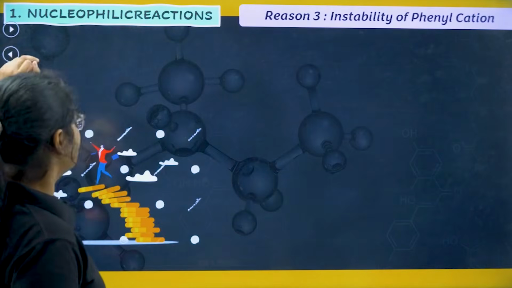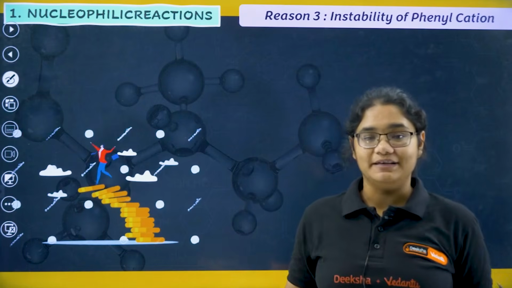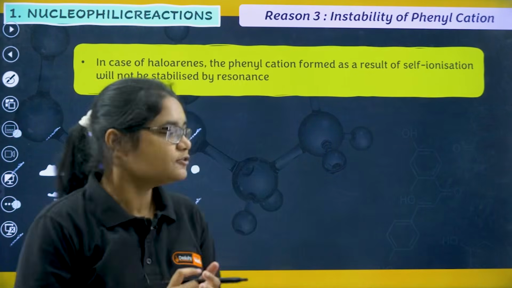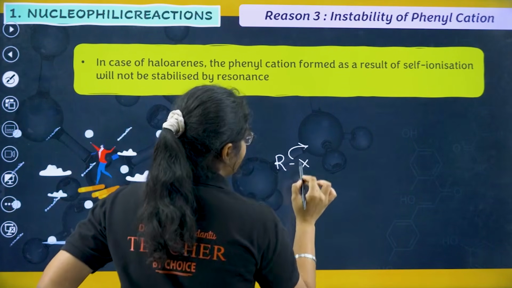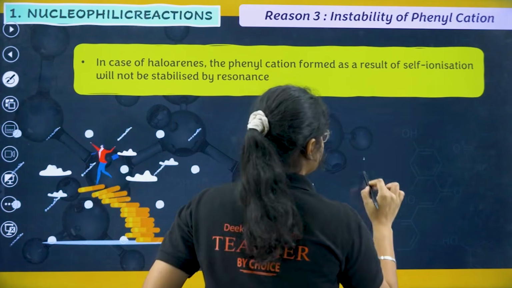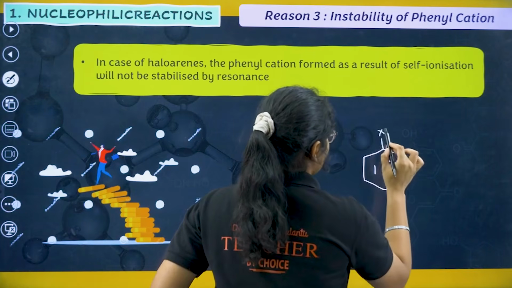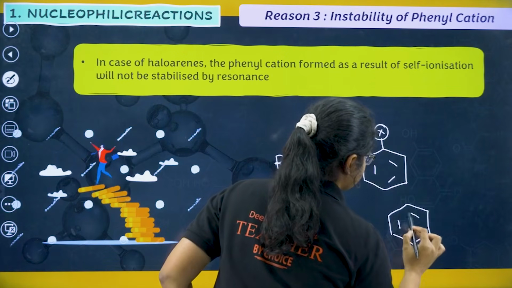Now moving to the third reason, you can see this figure: instability of the phenyl carbocation. If I have R-X, when X goes, we get a carbocation R plus. Similarly, if I have this phenyl group or haloarene, when X goes, we will get a carbocation like this.